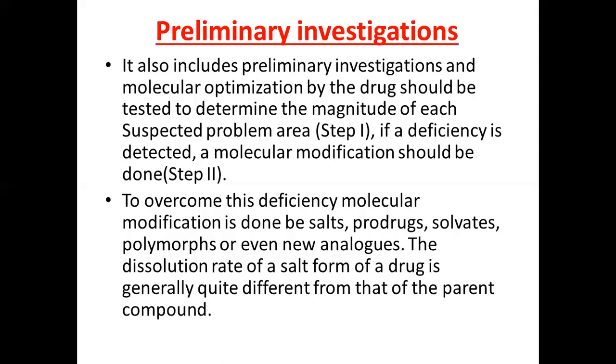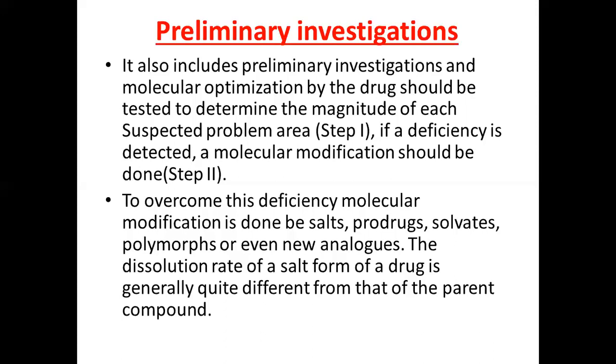If a deficiency is detected in certain areas, then molecular modeling should be done in order to investigate or make certain other analogs, other molecules which have better properties, better coordination with the receptors, and a better 3D structure, bond lengths, bond angles, and therefore better stability as well. And to overcome these deficiencies, molecular modification is done.